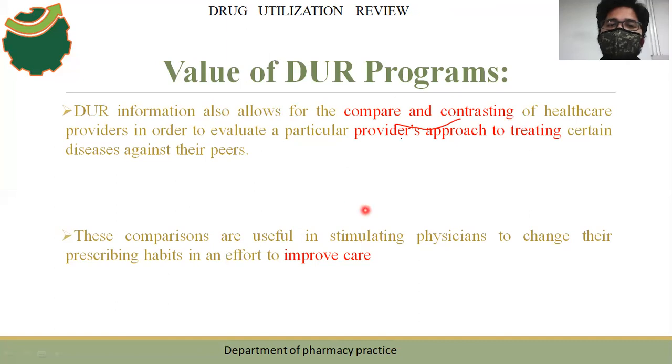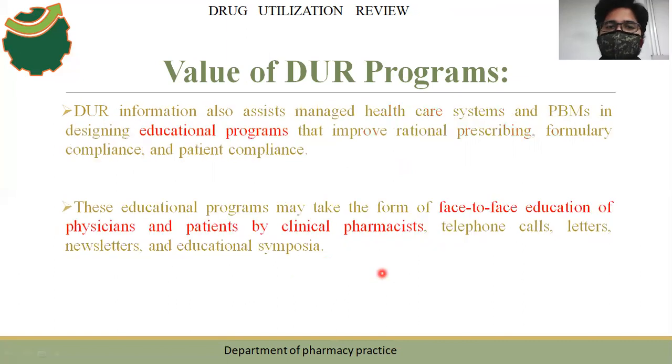Next, all these interventions you do will obviously be helpful in improving patient care, right? Next, DUR information assists in managing healthcare systems and PBMS, meaning pharmacist-based management, like going for ward rounds and taking patients' medication history. DUR information helps them in conducting educational programs.